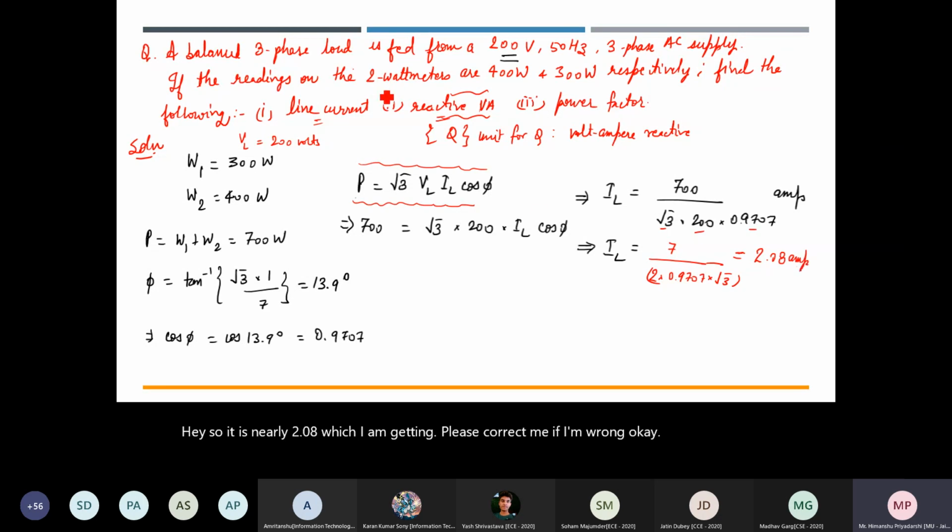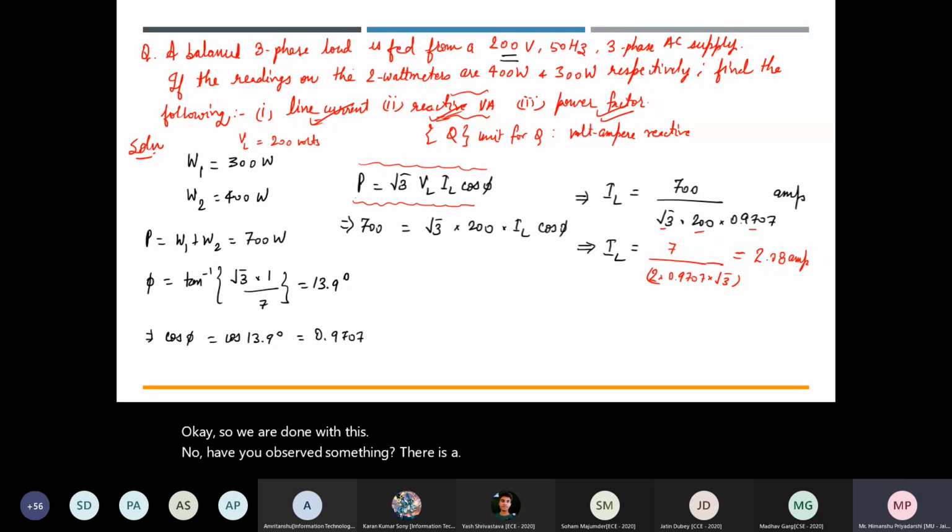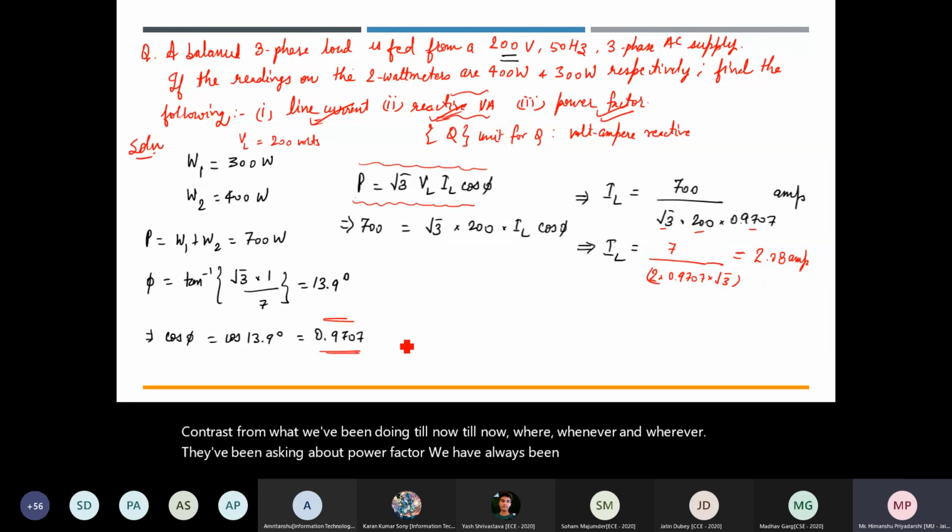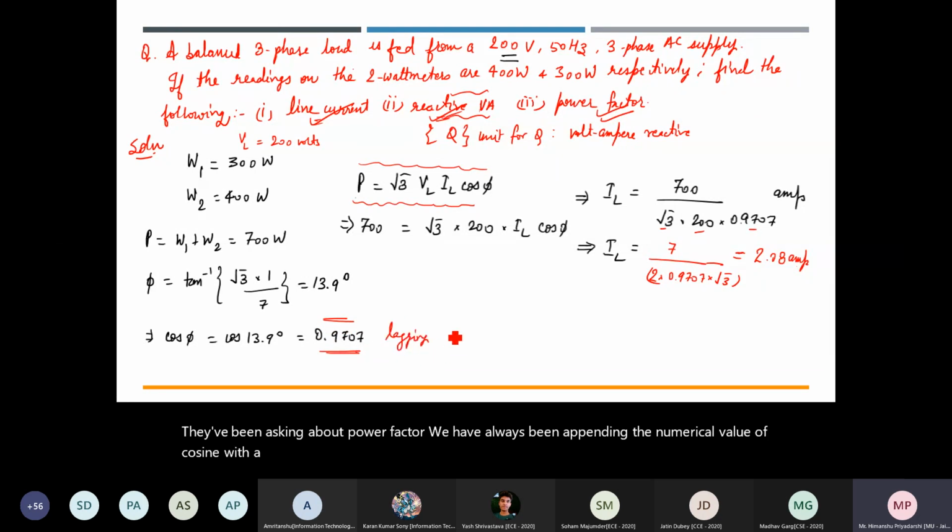Okay. So we are done with this. Now, have you observed something? There is a stark contrast from what we have been doing till now. Till now, whenever and wherever they have been asking about power factor, we have always been appending the numerical value of cosine with a phrase either lagging or leading.